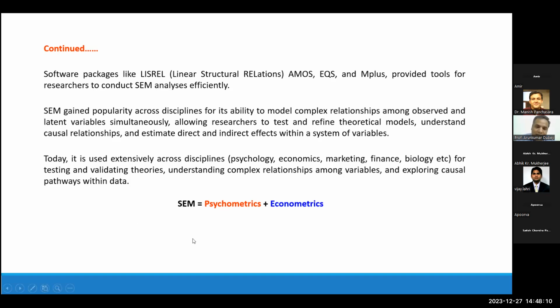That's why validity assessment is part of psychometrics. And when I say econometrics, this is your path modeling, or the relationship between two constructs. Let's say happiness leads to success, or satisfaction reduces turnover intention. So econometrics is your regression, multiple linear regression.